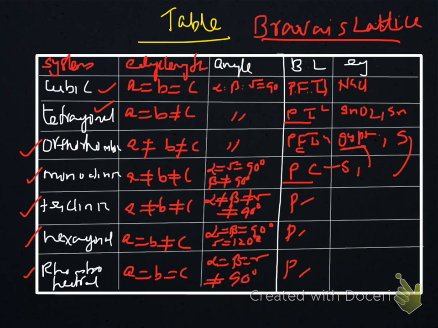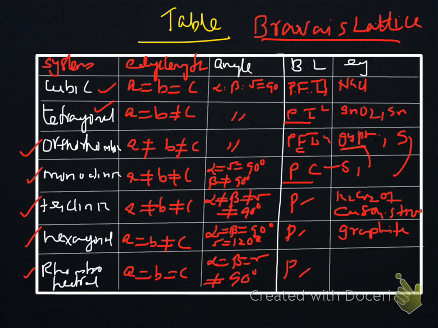Triclinic, that is an unsymmetric system, where examples are K2Cr2O7, that is potassium dichromate, copper sulfate pentahydrate, etc. For hexagonal, the most common example is graphite. Graphite has a hexagonal layer arrangement that you have studied in the previous semester.